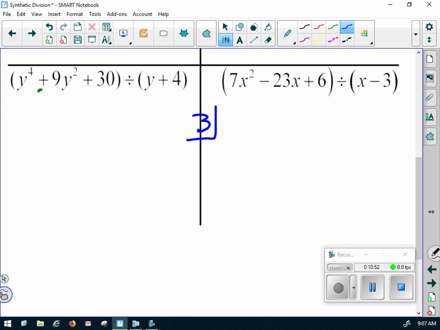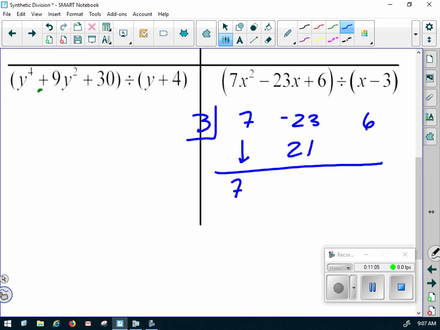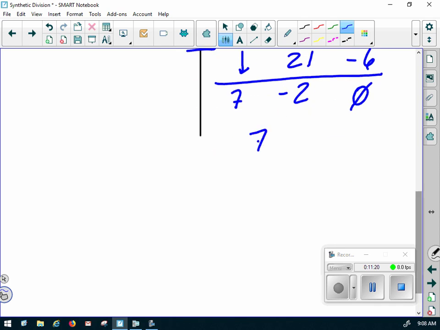Numbers? 7. 7 times 3, 21. Add. Negative 2 times 3 is negative 6. Add. 7x minus 2.